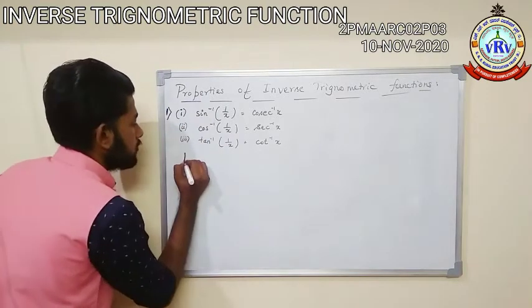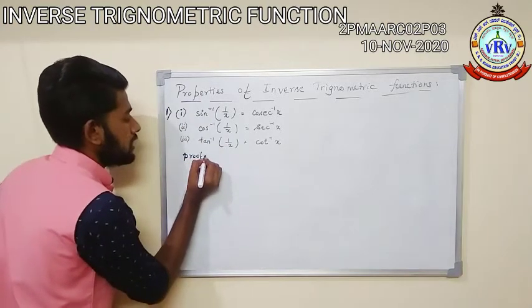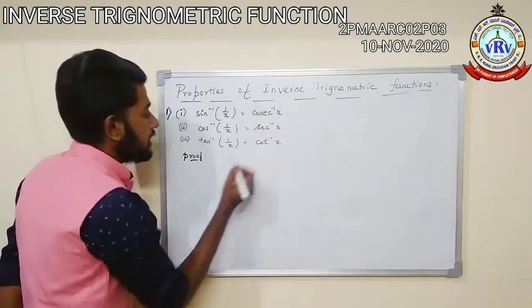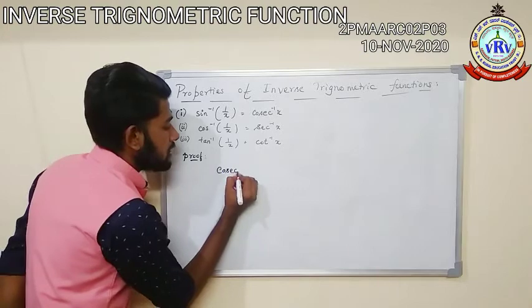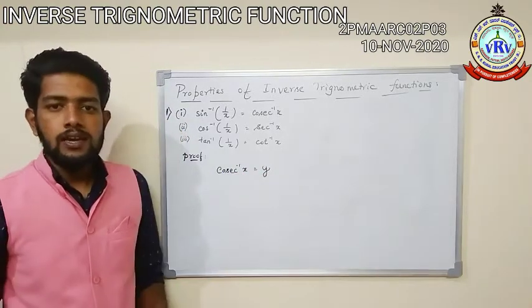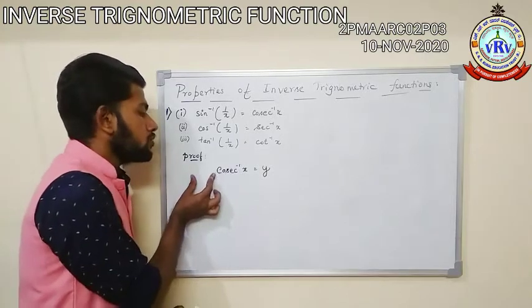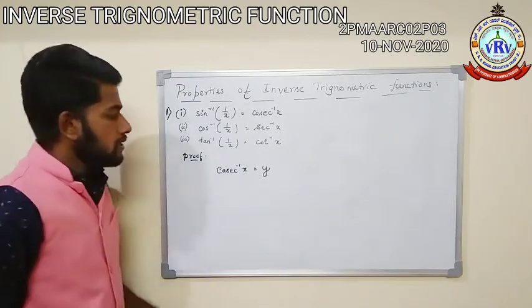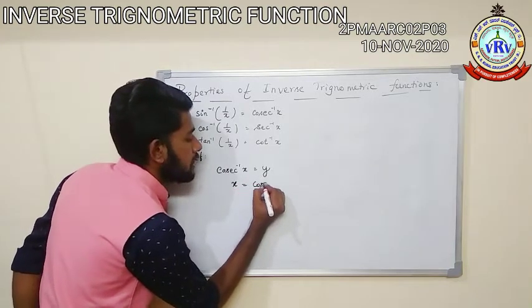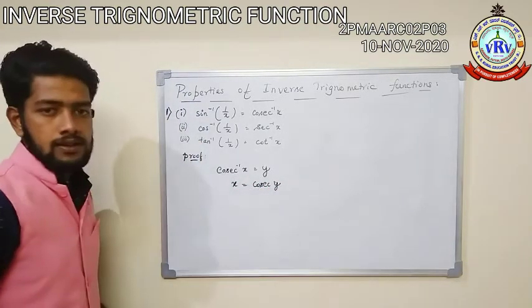Let me prove this. How to prove this? First, I will consider the right hand side, cosecant inverse of x, as y. Okay? While applying cosecant function to this and the other side, then it becomes x which is equal to cosecant y.